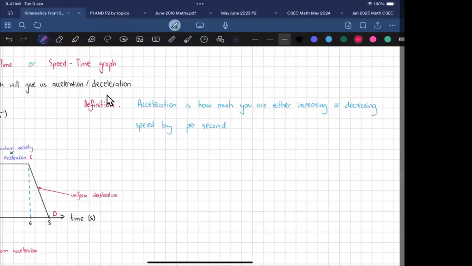Right, so the definition: acceleration is how much you are either increasing or decreasing speed or velocity by per second.